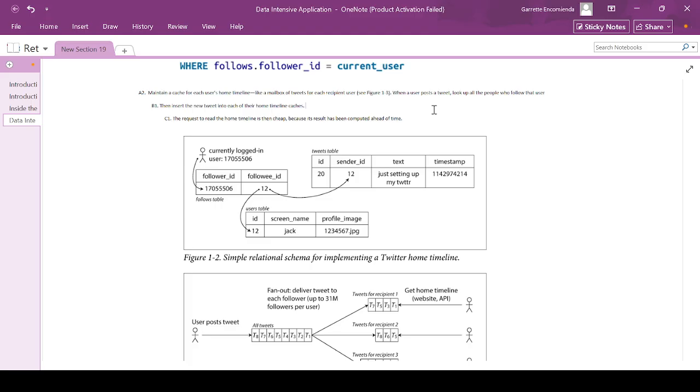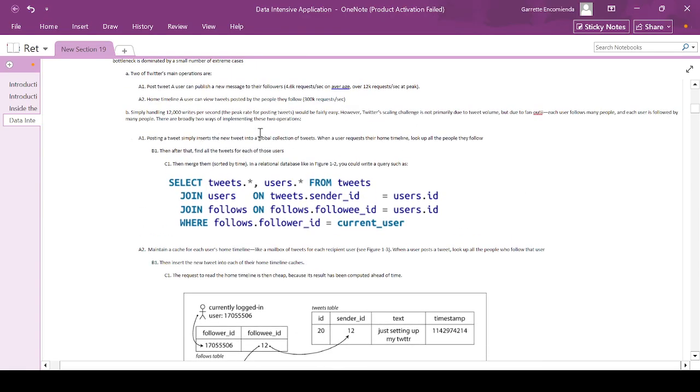You can apply a CDN as well, and you can easily read that. For writes, we don't have as much of a bottleneck when publishing messages to followers. We only have 4.6 thousand per second, unlike the read requests from users, which are 300,000.